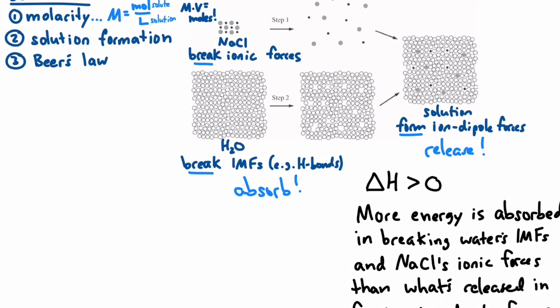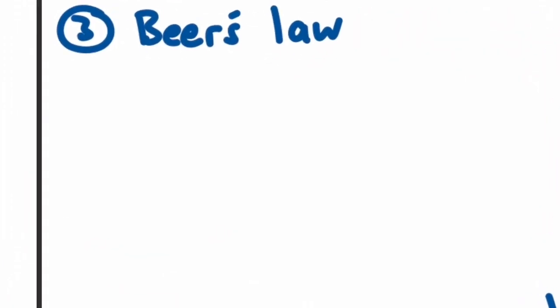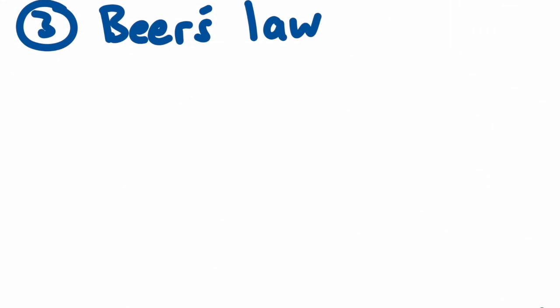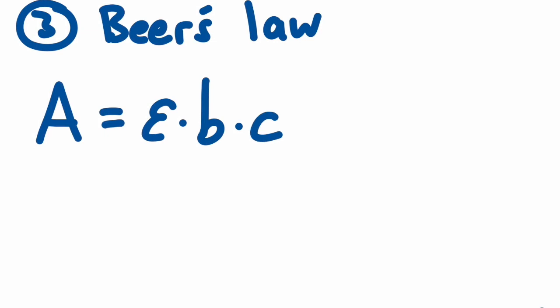The last thing to review before we look at some practice questions is what's called the Beer-Lambert Law, or Beer's Law. This is the relationship between absorbance and solution concentration. There's actually an equation on your reference table that looks like A equals epsilon, b, c. A is just the absorbance of visible light, or frankly any form of light, but usually done with visible light.